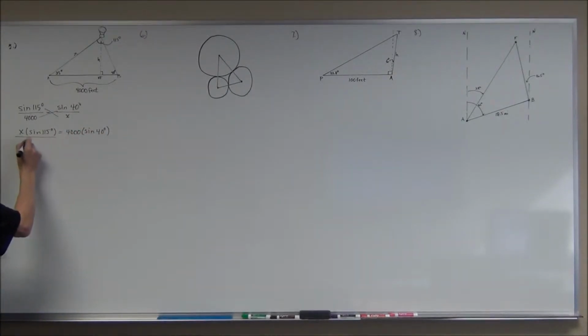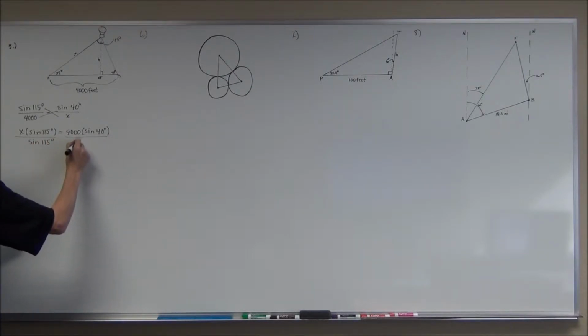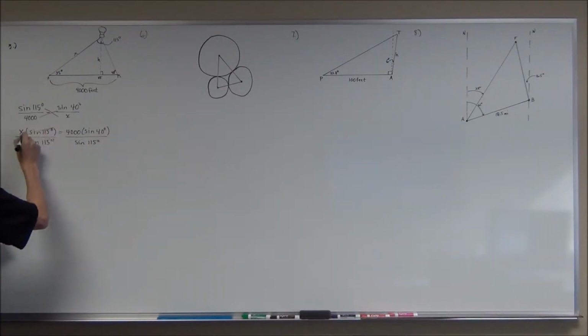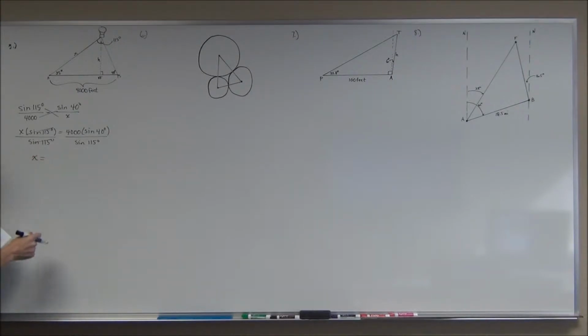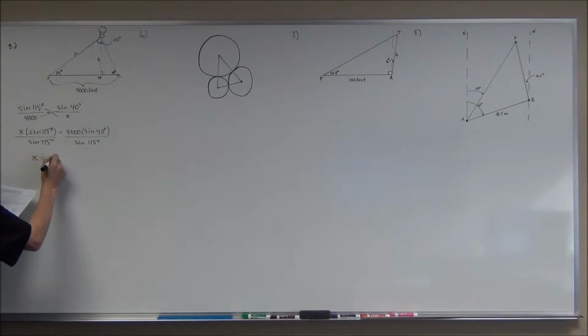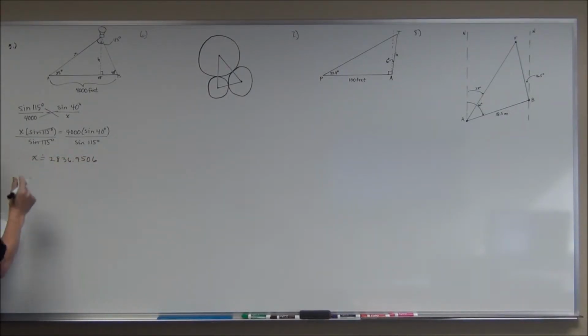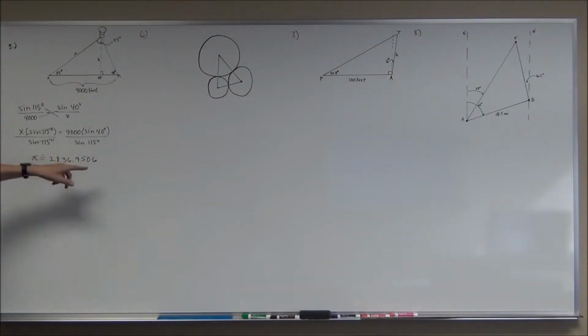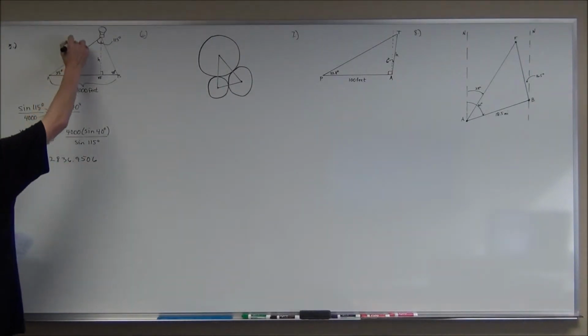So I'm going to divide both sides by the sine of 115 degrees. And I get x is equal to what this mess turns out to be. And this mess turns out to be 2836.9506. Of course, that's an approximate. So that's this guy right here.